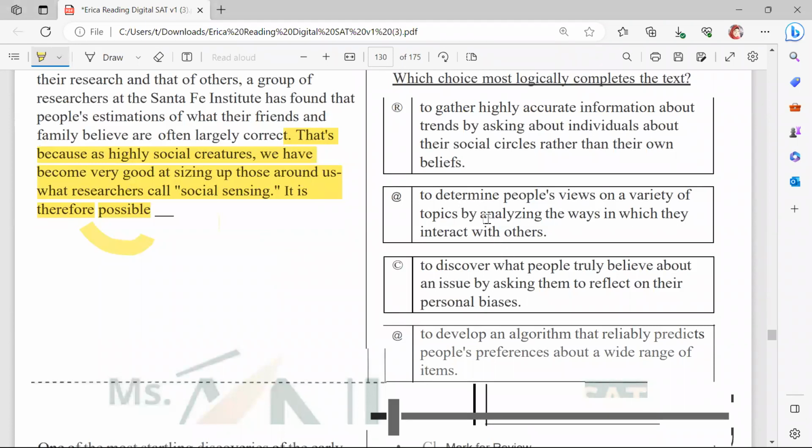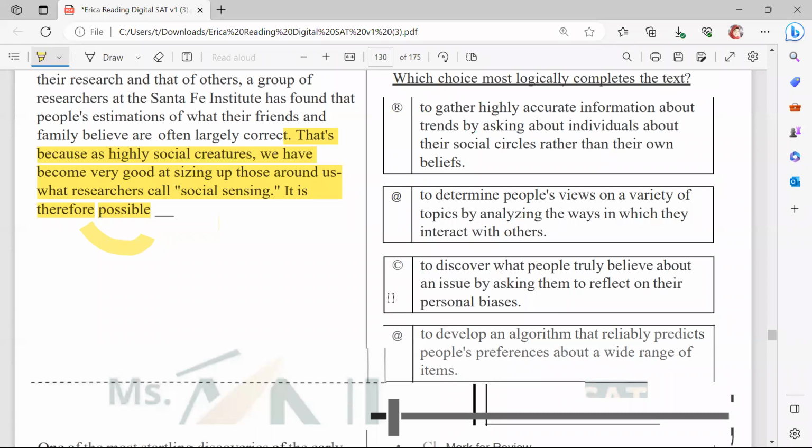Why? Okay, let's go. I will start with D, to develop an algorithm. It's therefore possible to develop an algorithm that reliably predicts people's preferences about a wide range of items. Yep, I think this is kind of, you think it's right?